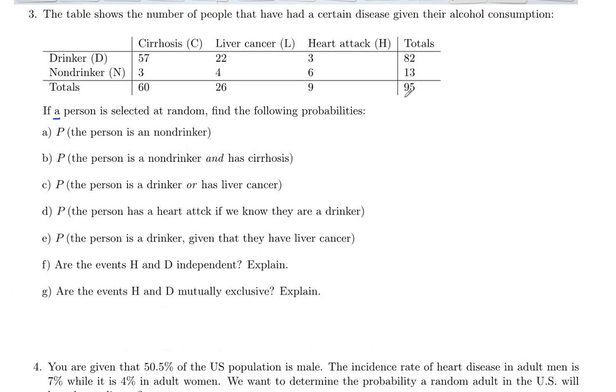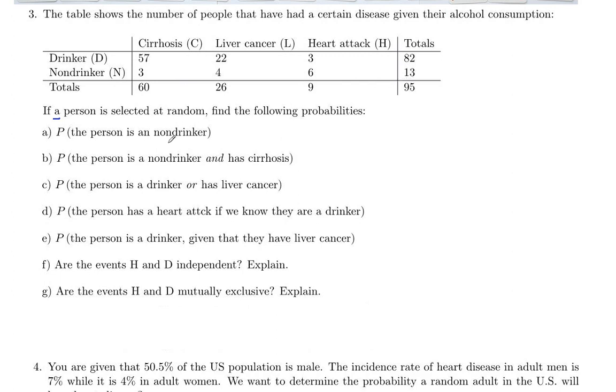So we've got 95 total. We've got 82 is the total of drinkers, 13 is the total of non-drinkers, total cirrhosis 60, total liver cancer 26, total that had a heart attack 9, and then if you add this row or add this column, you get 95 total. So that's our grand total.